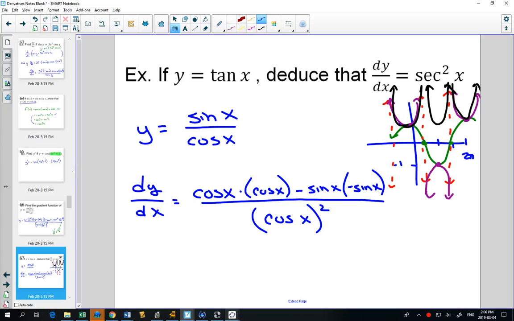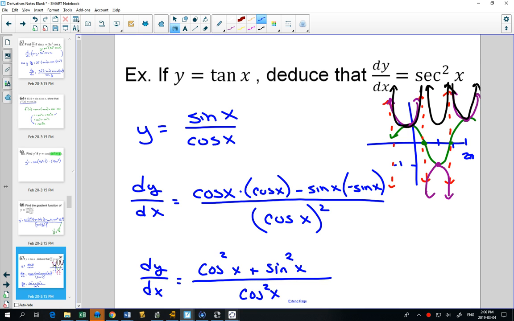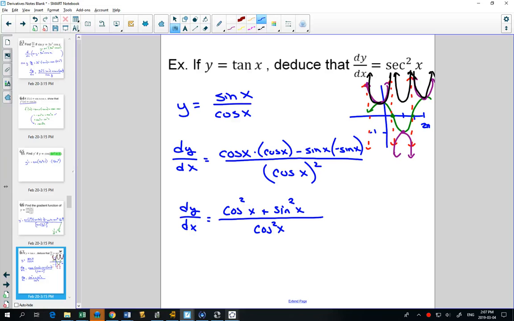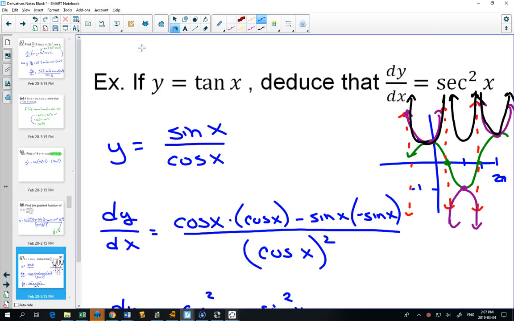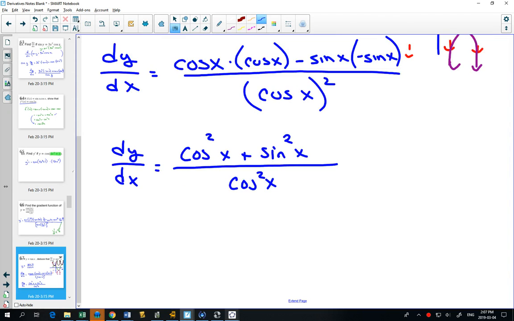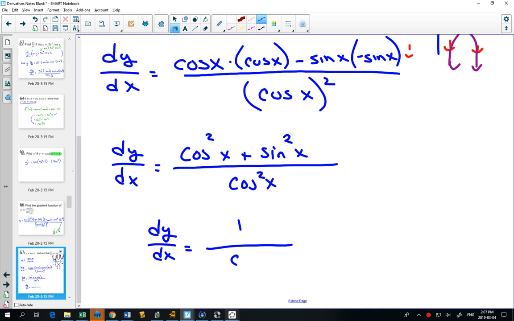Well, what do we have on the top? If I simplify the top, I get cos squared x plus sine squared x all over cos squared x. And you recognize what the top can do? What's sine squared plus cos squared, if the angle's the same? Sine squared plus cos squared is 1.